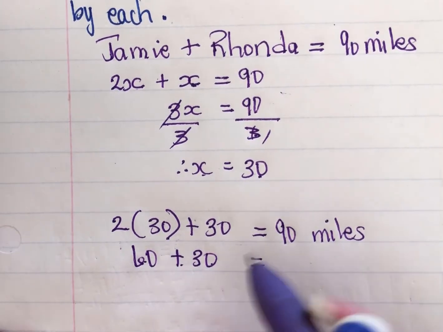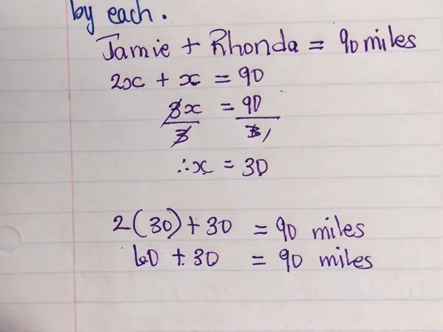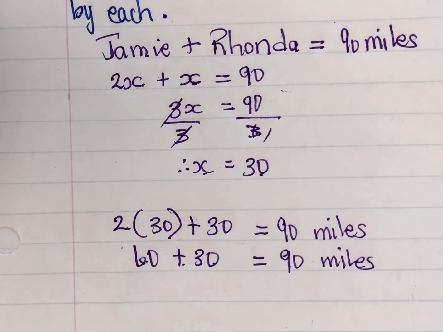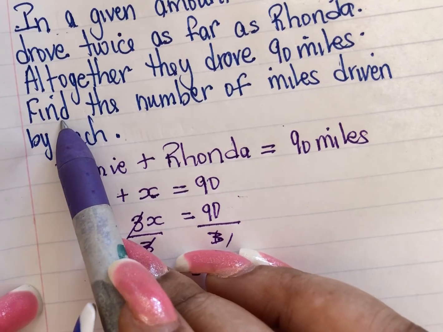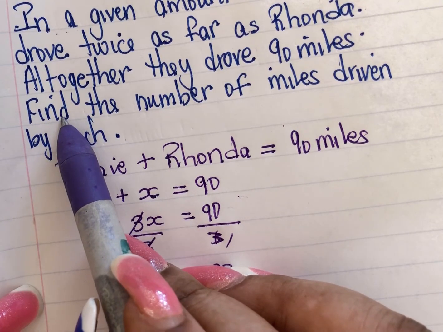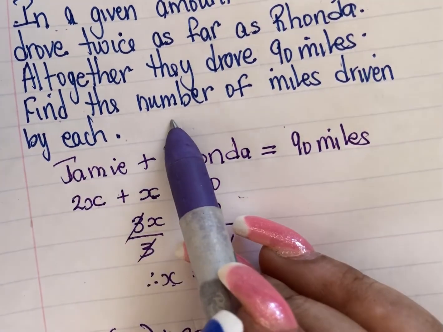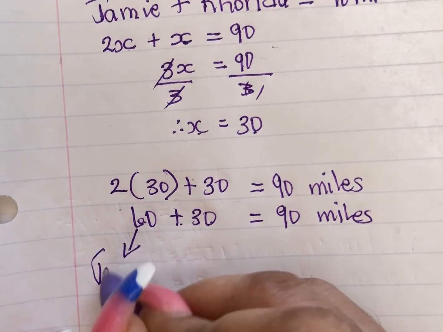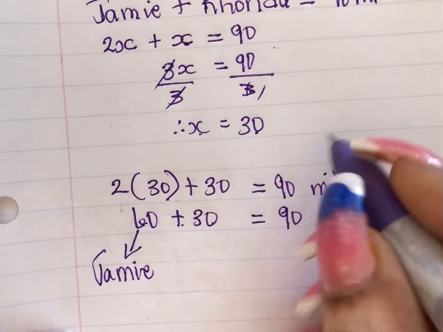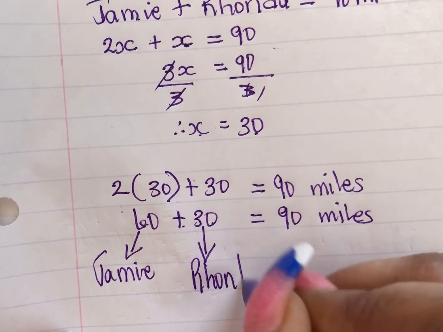What is 60 plus 30? All right. So we have done the check to see if we're correct. So if they are going to ask us to do something, we will respond accordingly. They ask us to find the number of miles driven by each. So we can say Jamie is 60 miles and Rhonda is 30 miles.